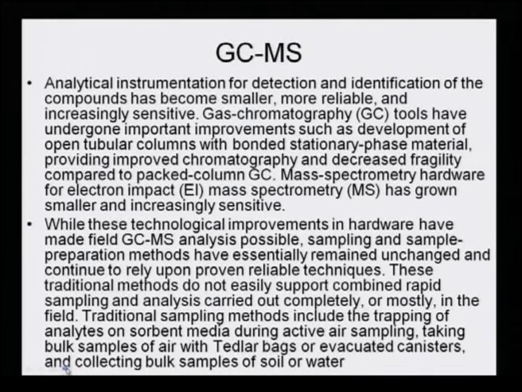While these technological improvements in the hardware have made GCMS analysis possible, sampling and sample preparation methods have essentially remained unchanged and continue to rely upon proven reliable techniques. These traditional methods do not easily support combined rapid sampling and analysis carried out completely or mostly in the field.